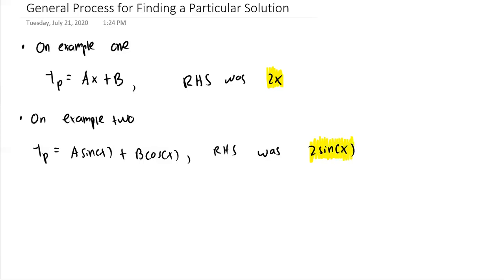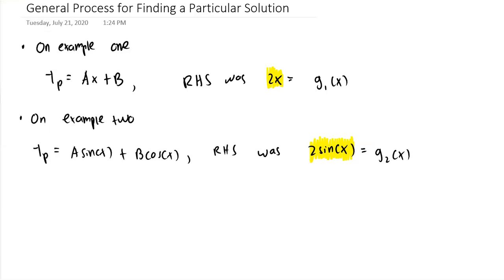So looking at example 1, let's give these functions names. Let's call them g1 of x and g2 of x, just to make sure that the notation is as consistent as possible.